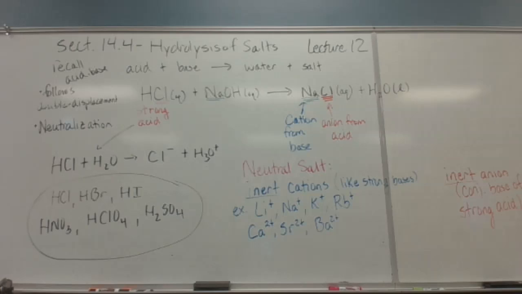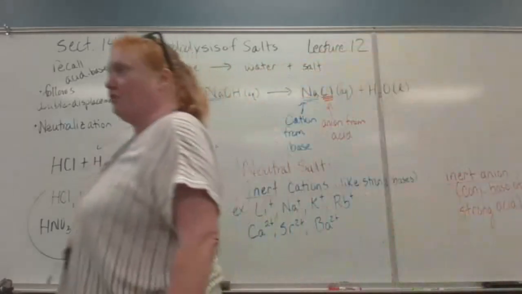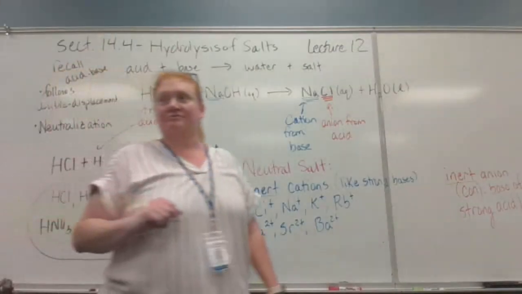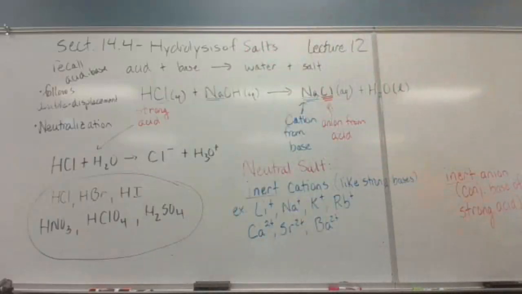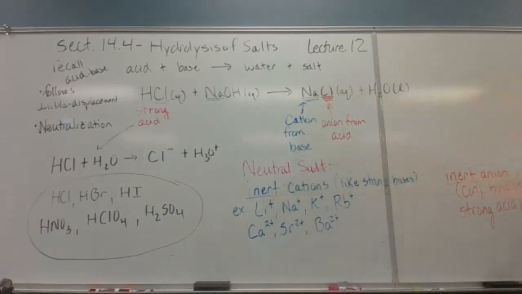All I'm going to do is give you a salt formula, and you guys are going to say if it's neutral or the other options we have: acidic, basic, or neutral. How do you recognize if the salt formula is neutral? Inert and inert.